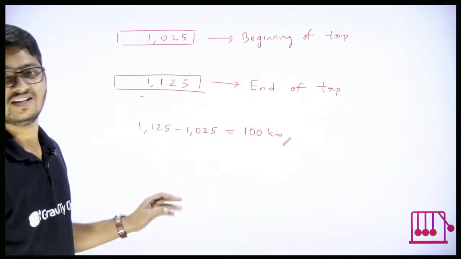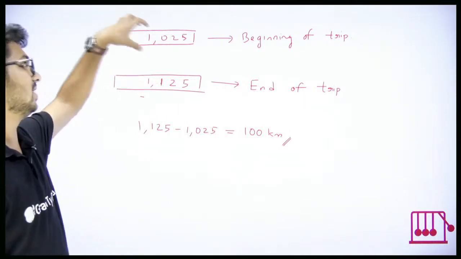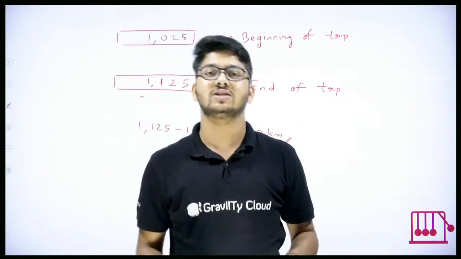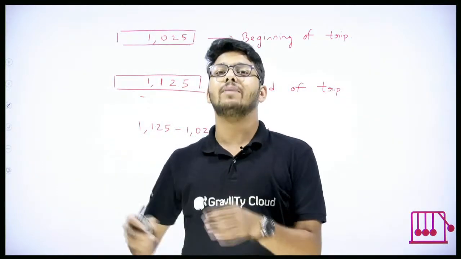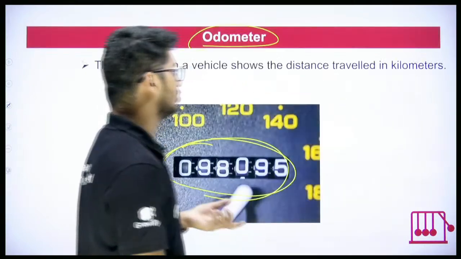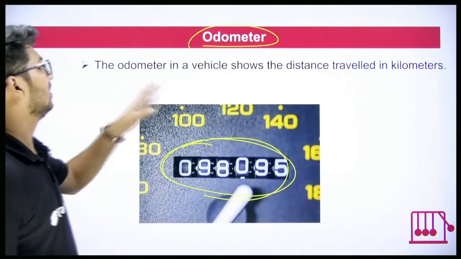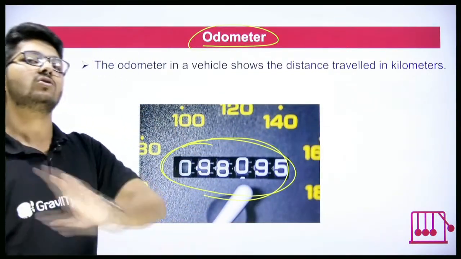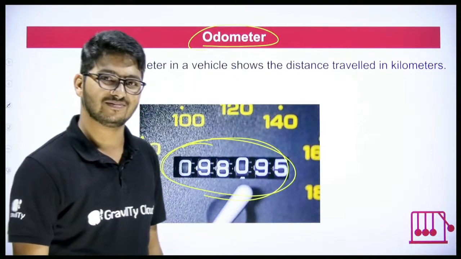Is that clear? So using the readings in the odometer, we can also measure the distance traveled by the vehicle for a trip. And what does the odometer show us? The odometer shows us the distance traveled in kilometers by the vehicle throughout its lifetime.